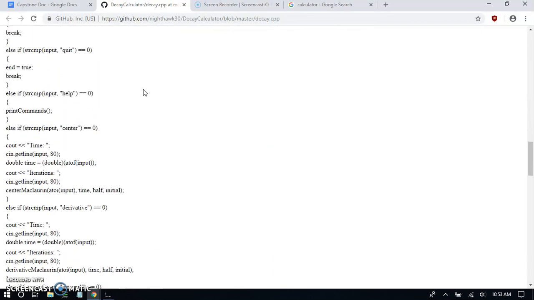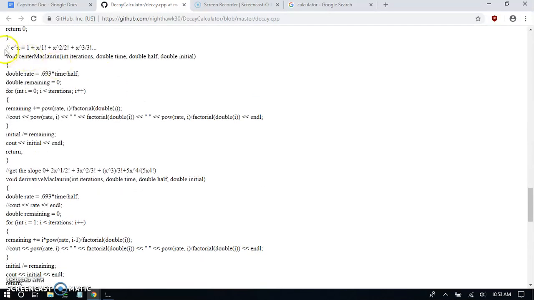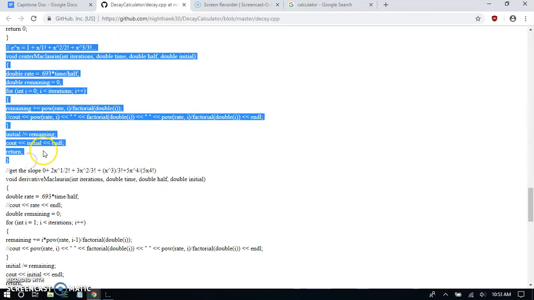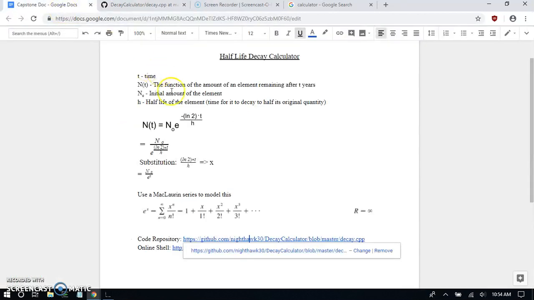My program has 3 functions. If we go down to here, this first one is the basic decay calculator. What it does is it takes the degree of polynomial that you want, the time that has passed, the half-life, and the initial amount. And it calculates the rate, which is the natural log of 2 times time divided by half-life, that thing over here.